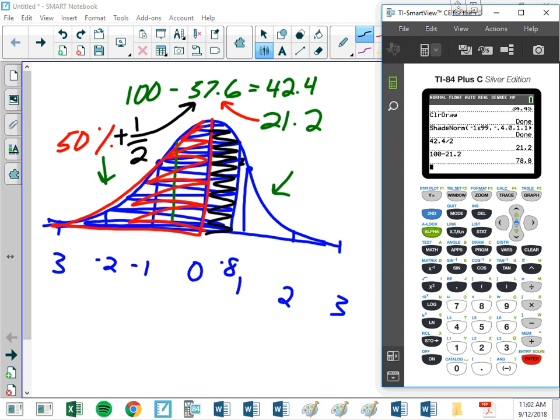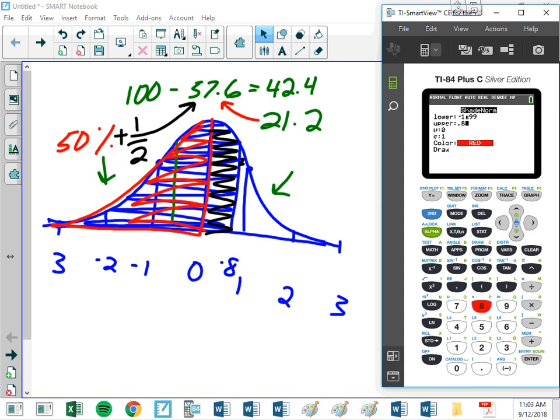Okay, let's double check that in our calculator. Clear the draws. And then shade norm from negative whatever, some really, really negative number, and then go up to 0.8.